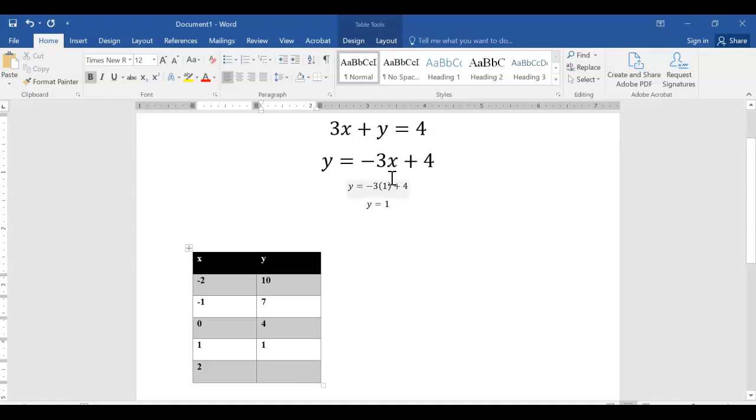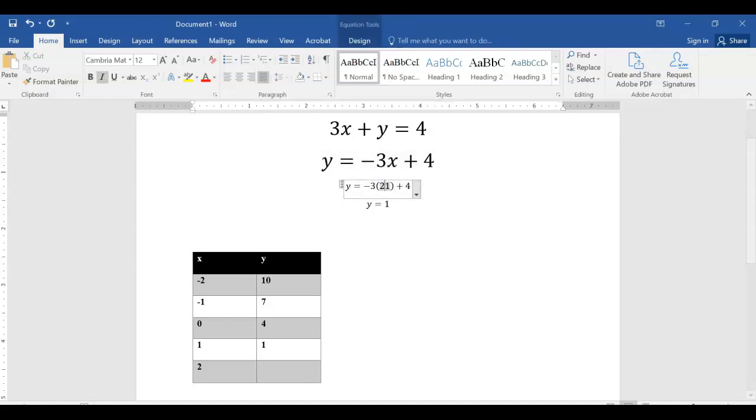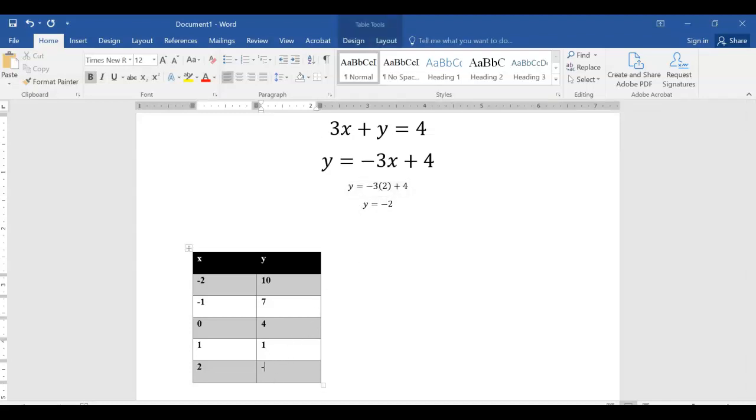And then if you plug in a 2, you end up with a y value of -2. All right, -3 times 2 is -6, plus 4 is -2. So that's what we end up with. We end up with the points (-2, 10), (-1, 7), (0, 4), (1, 1), and (2, -2).